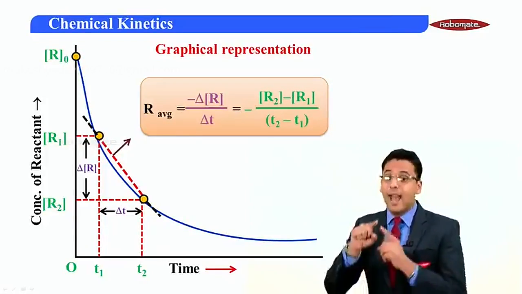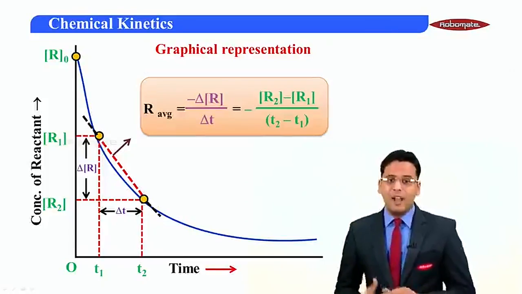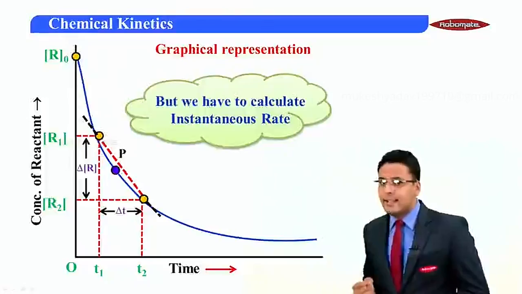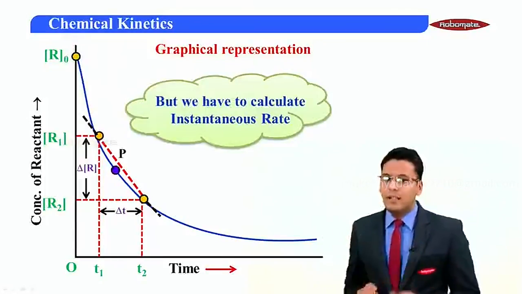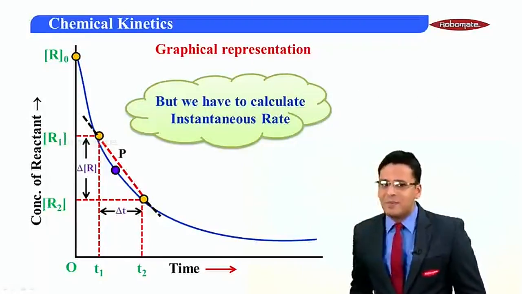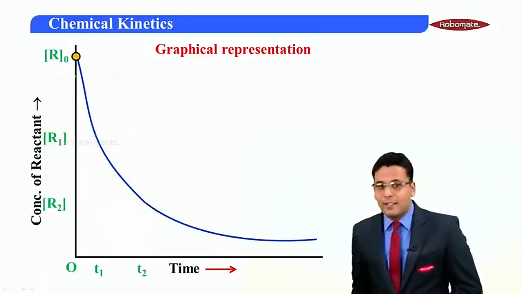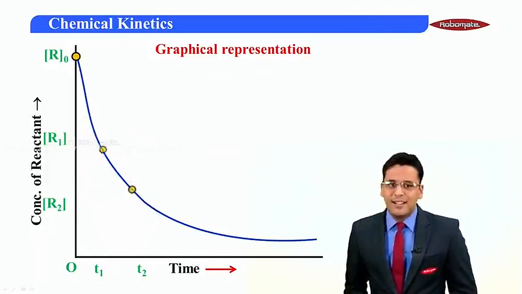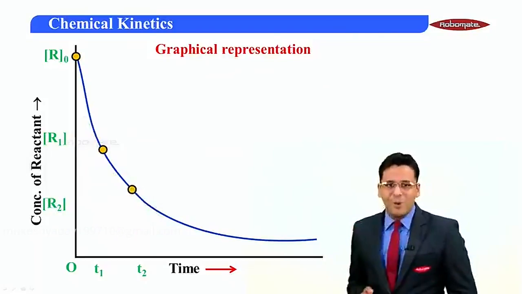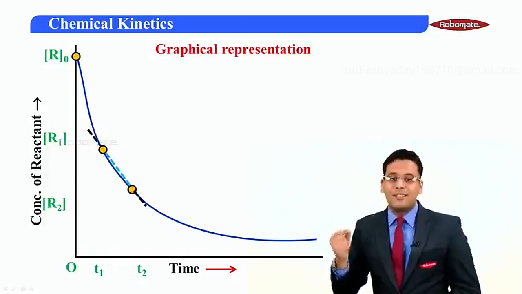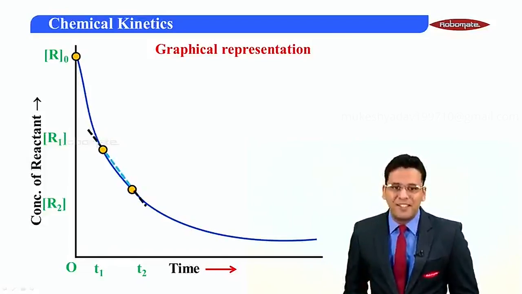This gave us the average rate. Now, since I have to find the instantaneous rate, I will reduce the interval just like the previous example. And while I reduce this interval, you will see that as the interval narrows down, the line slowly approaches the curve of the graph.